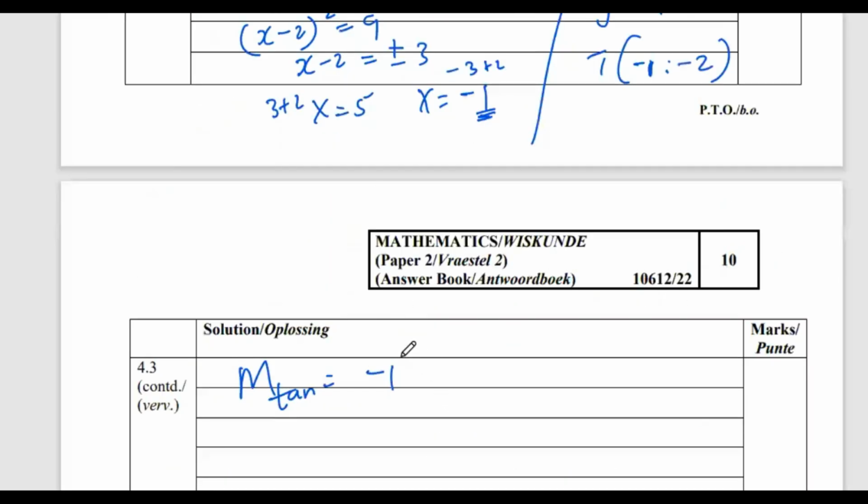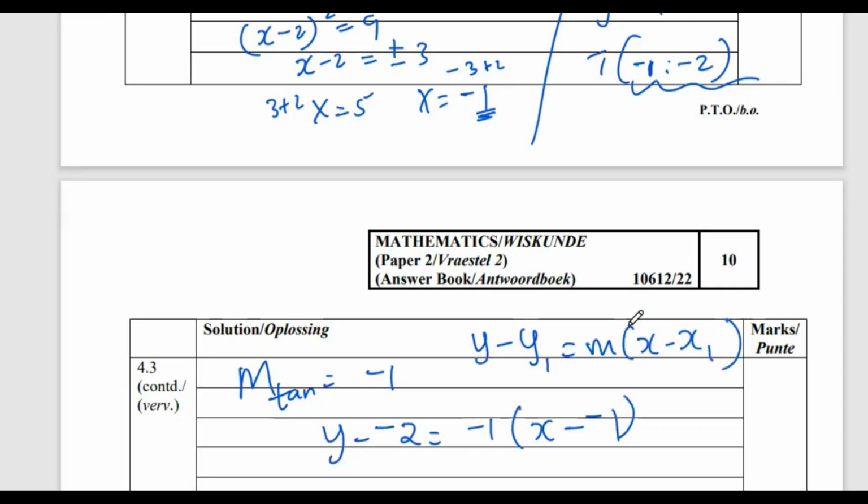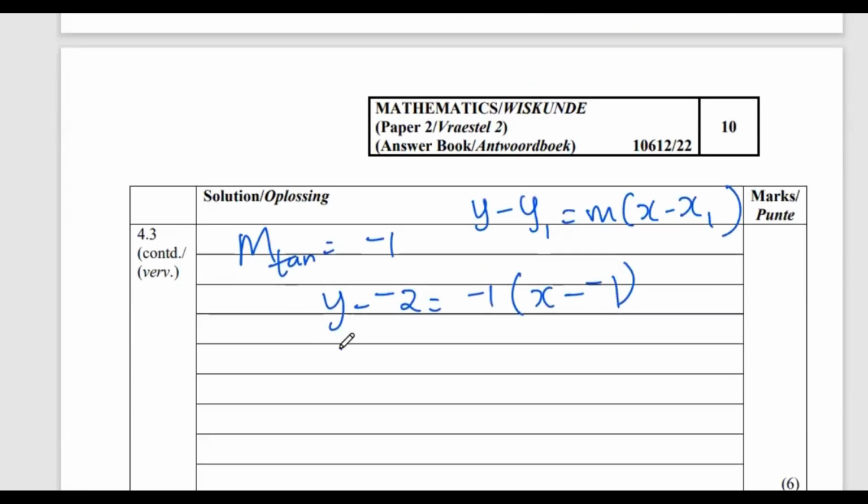So −1 as a gradient and those coordinates. I'll say y − (−2) = −1(x − (−1)). I'm using this kind of format to determine the equation of the line. Like we said, y = mx + c can also work perfectly well.